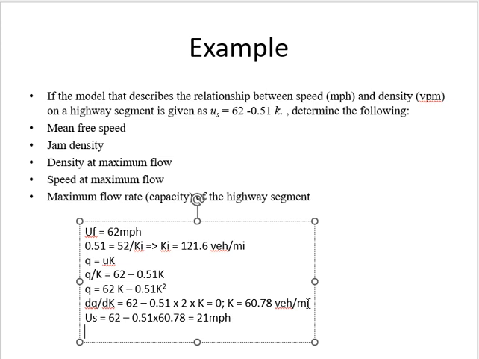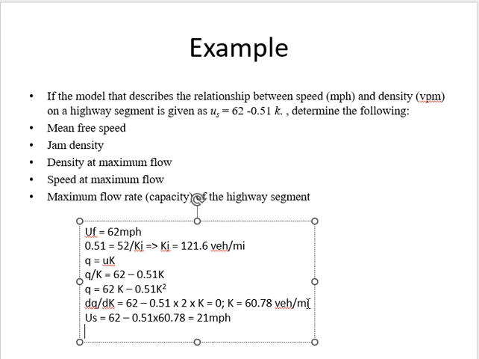But you can do one more thing. There's another option to calculate maximum flow. Which other equation can give you maximum flow? From K. Okay, you have this equation between Q and density, right? So now you already found density. You can put density over there and find out.